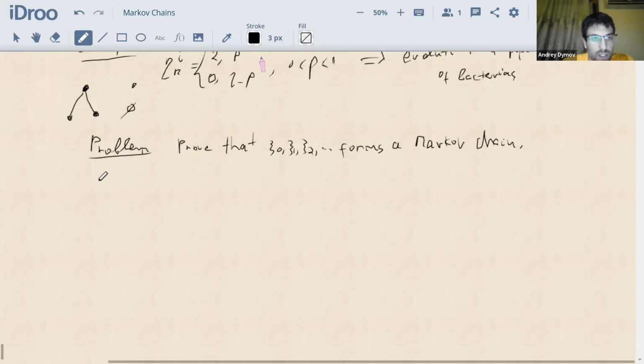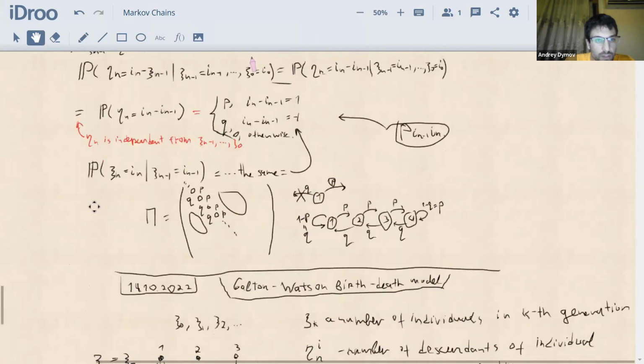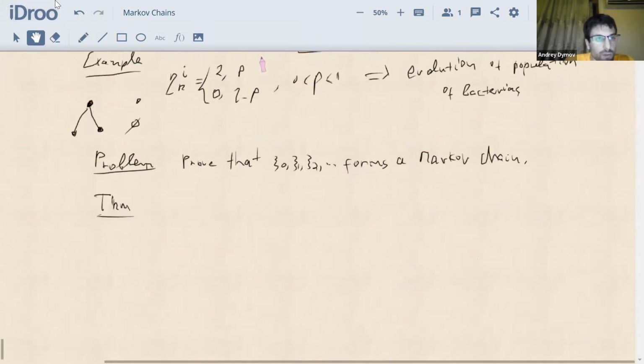And the main result concerning this model is the following theorem. I think that this is theorem number 15. Yes, theorem 15.